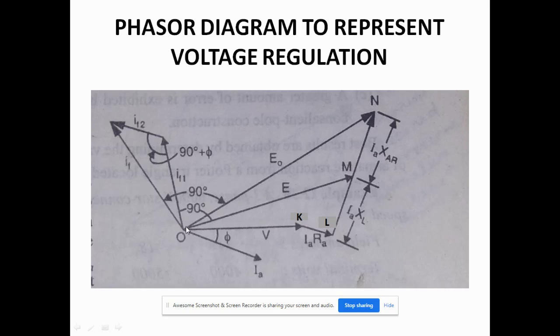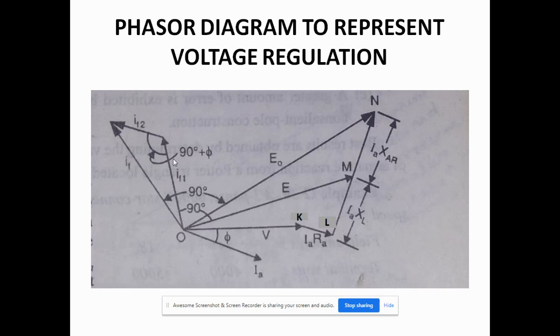Then you can see here an intermediate phasor is representing OM. OM, it is representing E. E is the voltage excluding the armature reaction drop across the armature. So for which we have to represent the field currents.